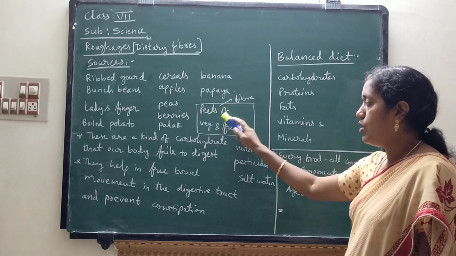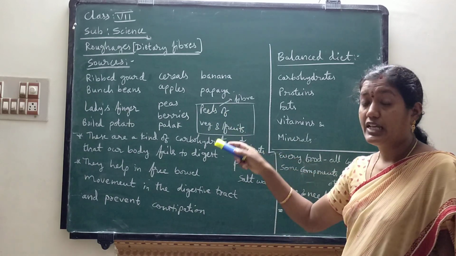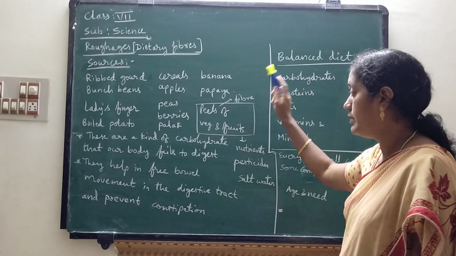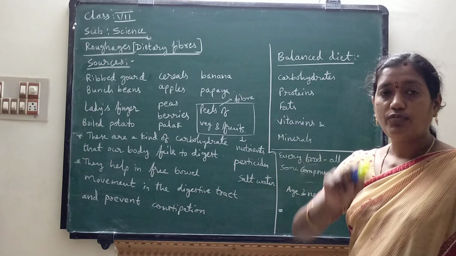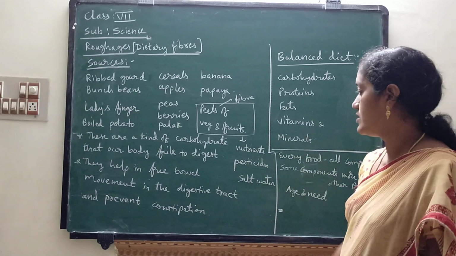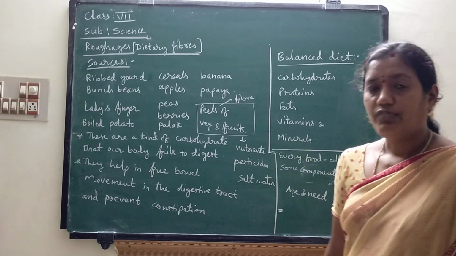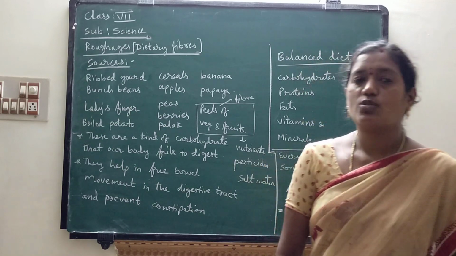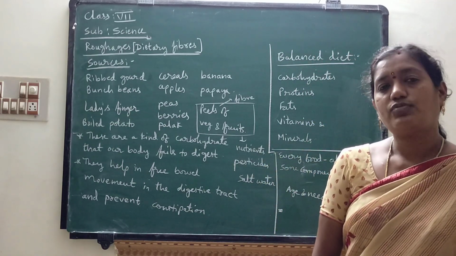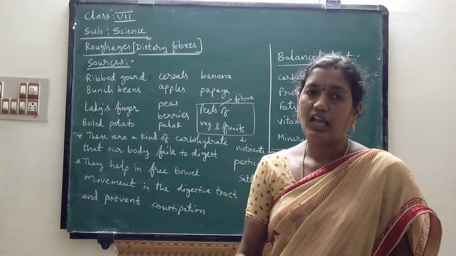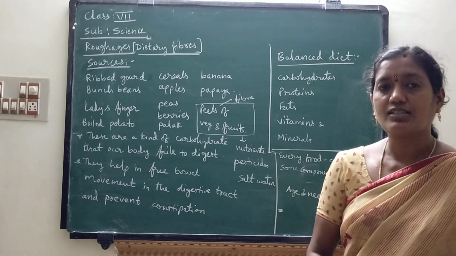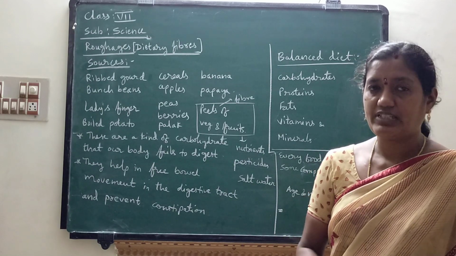Peels of vegetables and fruits contain more fibers, and also more nutrients along with fibers, children. So we should not discard the peels of vegetables and fruits. You can make a habit of eating them along with peels, because peels contain more roughages.